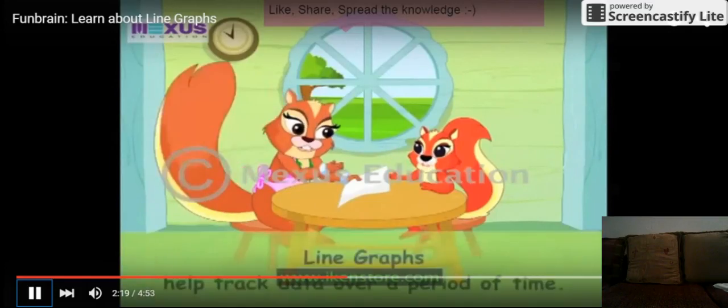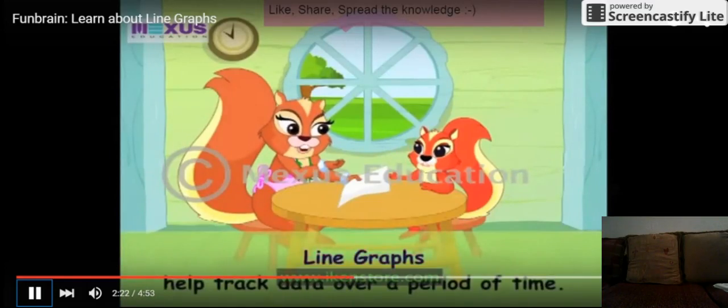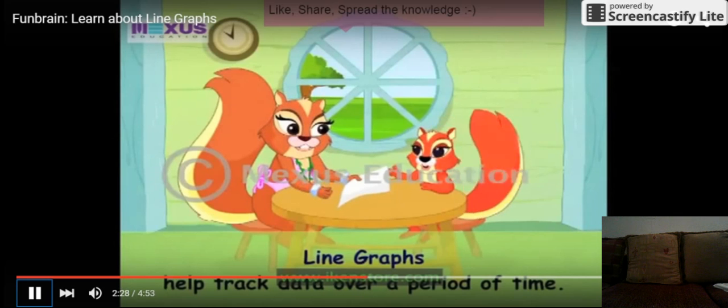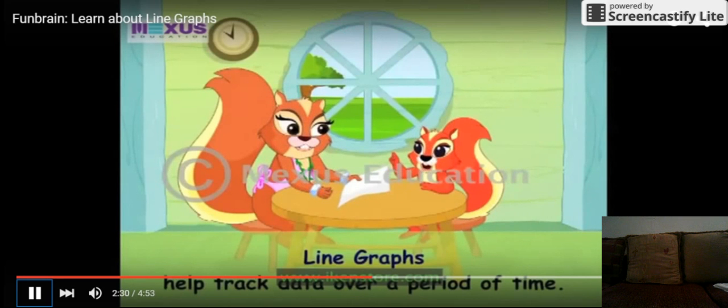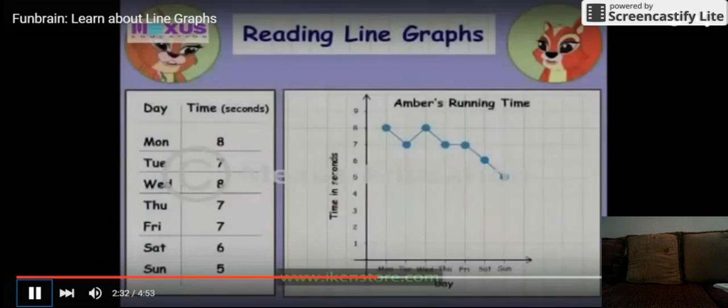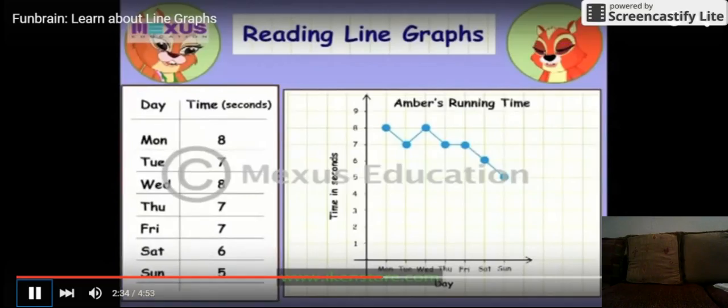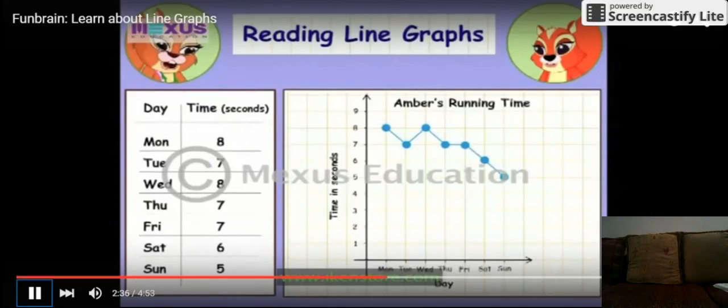Yes. Line graphs are especially good if you want to track some data over a period of time. Cool. Let's see the line graph then. Here it is. On the left is a record of the time you took on each of the days.